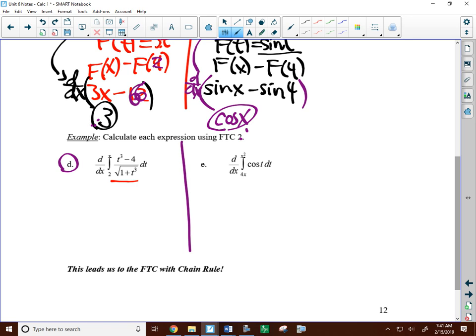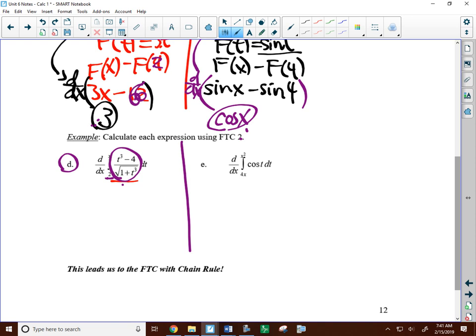D says calculate just using FTC2, and here we have the integral of a to x, a number up to x. Now here's why we need FTC2. Do we know the integral of that, the antiderivative? No. I don't either. I'm sure there's one out there maybe, but I don't know it.